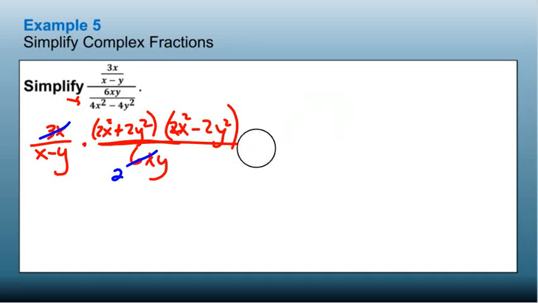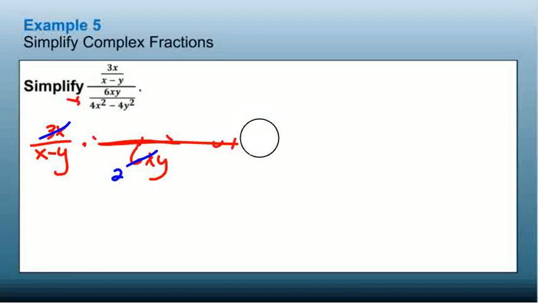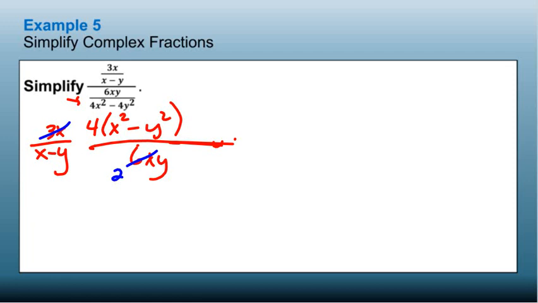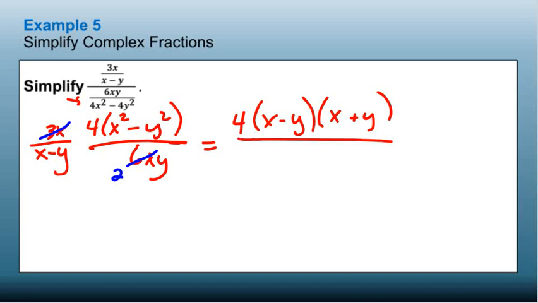Actually, this one I did incorrectly. So going back to the beginning on this one, I can factor out a 4. That leaves me with x squared minus y squared, which is a difference of squares, which will now give me 4 times x minus y times x plus y all over, now I have x minus y times 2.